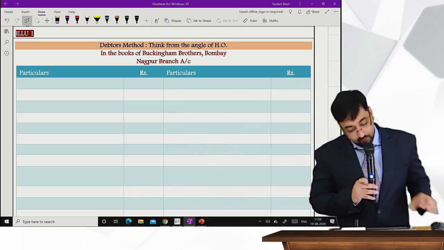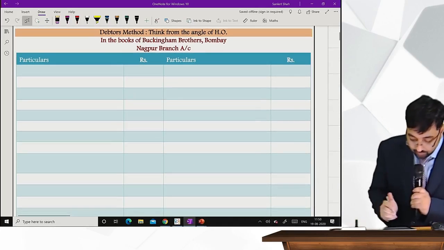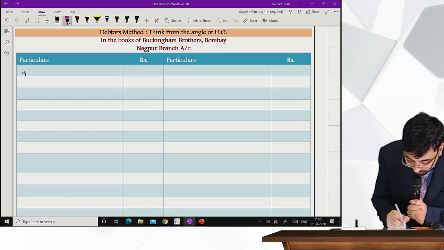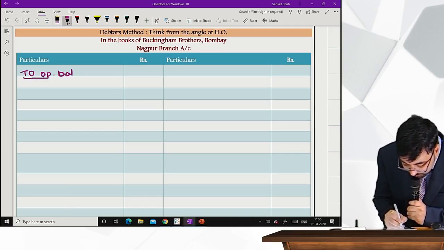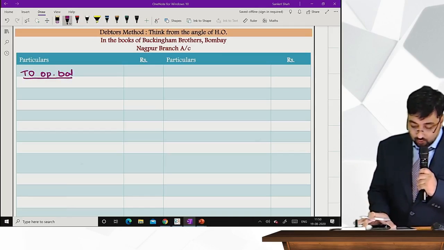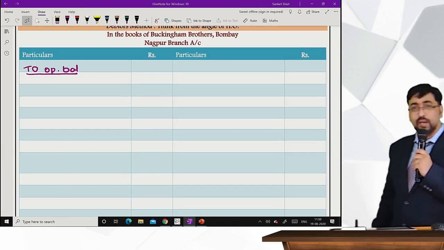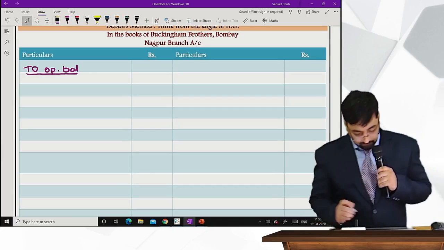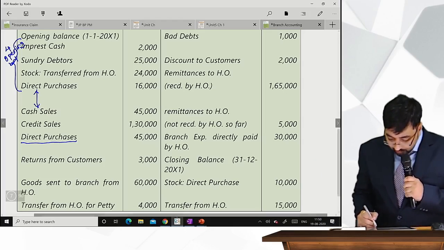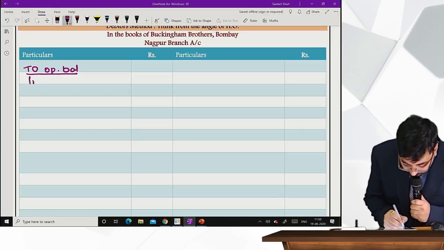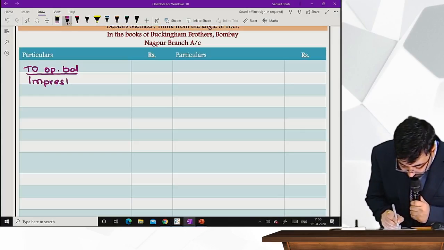Particulars, rupees. So first we are going to write opening balances. To opening balance. We'll need 3/4 page. So imprest cash.